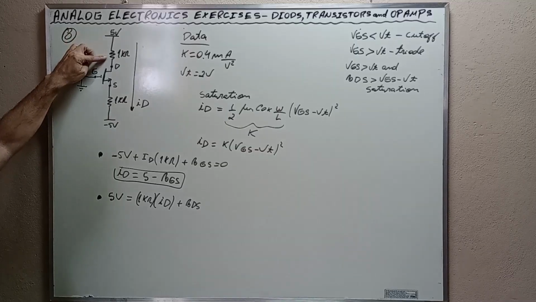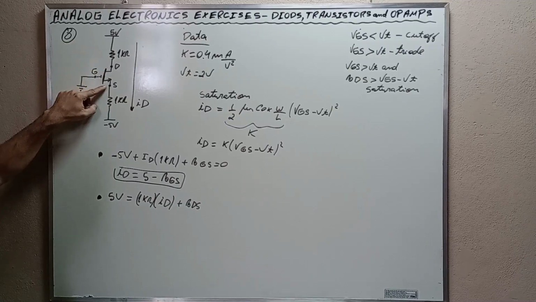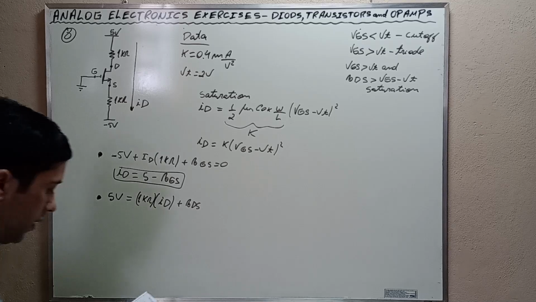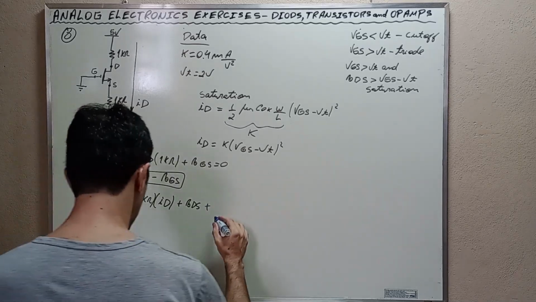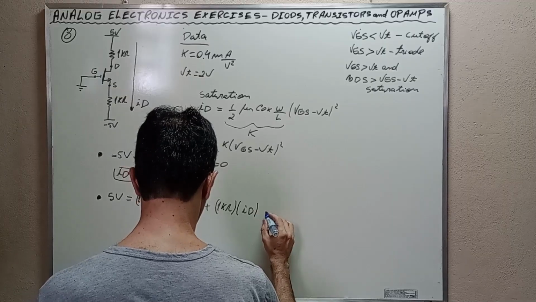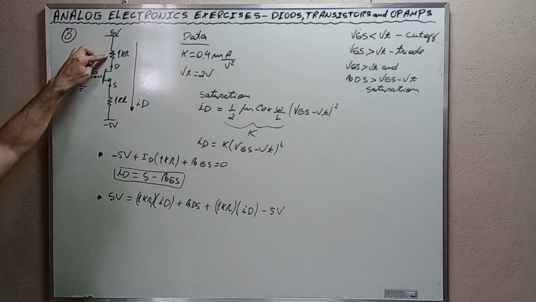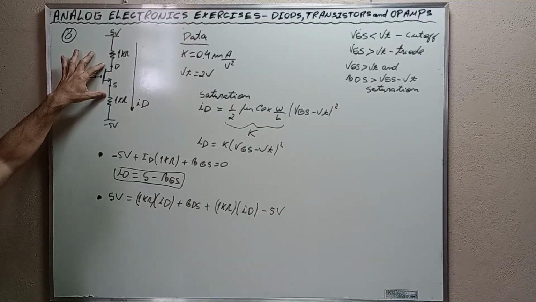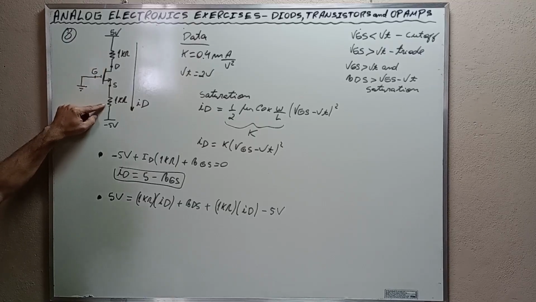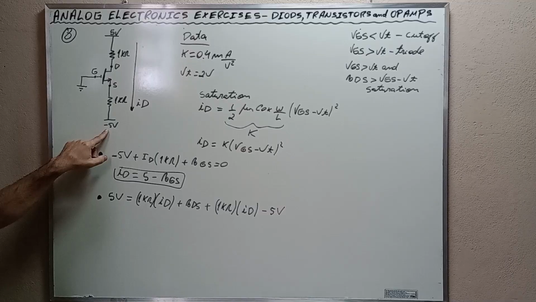5 volts is equal to this voltage drop across the 1 kilo ohms resistor plus VDS, which is the voltage from drain to source, plus the voltage drop across this other 1 kilo ohms resistor, times ID, minus 5 volts.